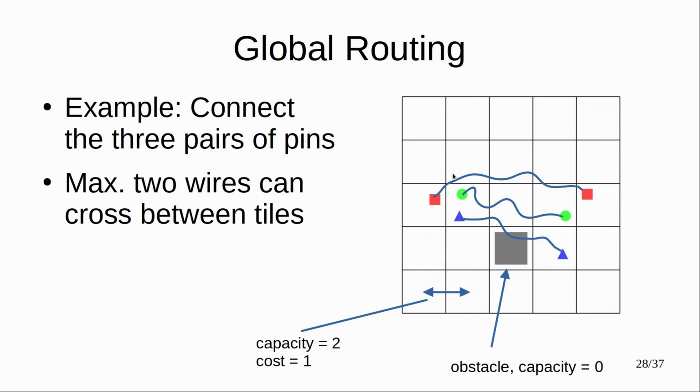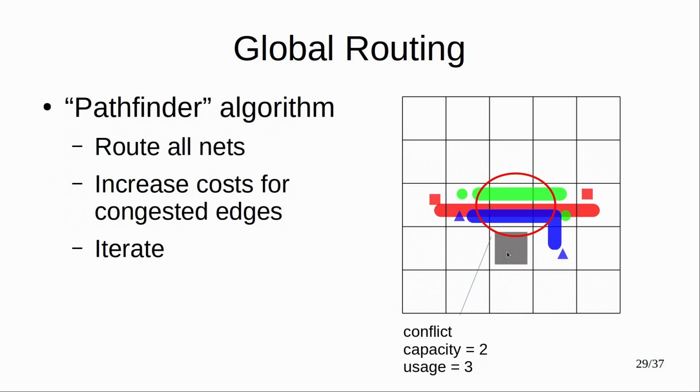So let's do an example. We want to connect those colorful shapes with each other, and what we know is that between those tiles there is a certain capacity. For example, you can pass at most 2 wires. Then some tiles might be blocked by an obstacle, so you cannot pass any wires, and you have to go around them. One algorithm that's called the Pathfinder algorithm, which is also used in FPGAs, has the approach that we just try to route all the nets. Then we try to see if there are problems.